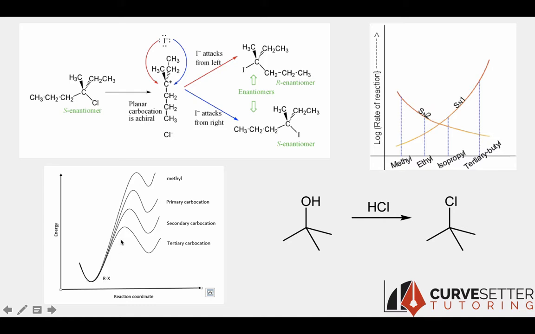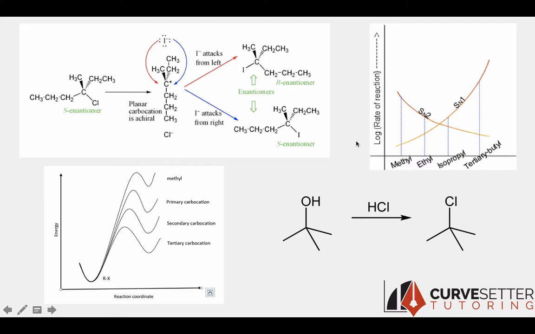This energy diagram is showing that a methyl carbocation is extremely difficult to form. It's high energy, unstable, and therefore difficult to form. Whereas a tertiary carbocation is much more stable than methyl, primary, or secondary, and is therefore easy to form. It has a lower activation energy.